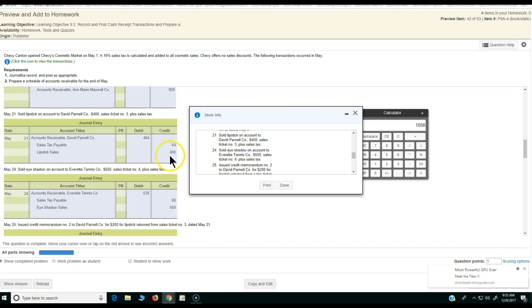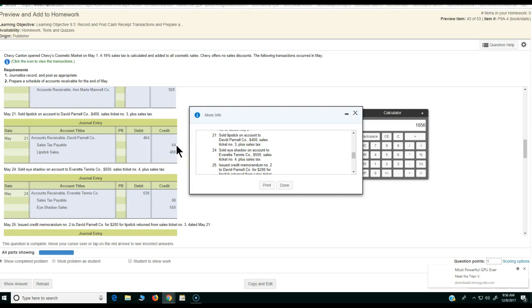So 16% of $400 is $64. So we're going to add that to the $400 so that Parnell owes us the total of the sale plus the sales tax, of which $64 has to be paid to the state. So we again can only record the $400 as revenue to our income statement.